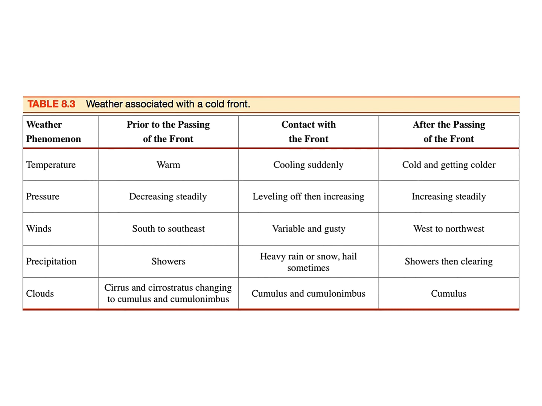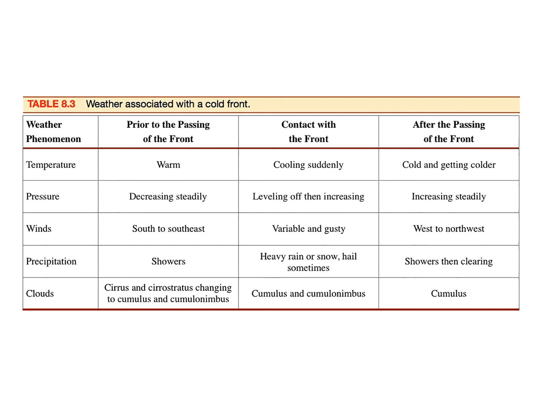In terms of precipitation, prior to the passing of the front, light showers, and this precipitation would increase in intensity as the front approaches the location. With contact with the front, you would get heavy rain or snow, hail sometimes, if there's thunderstorms associated with the cold front.